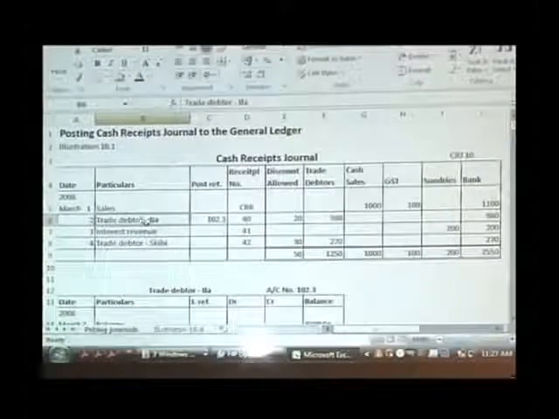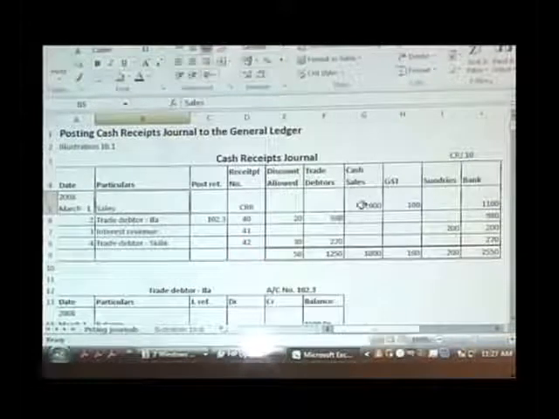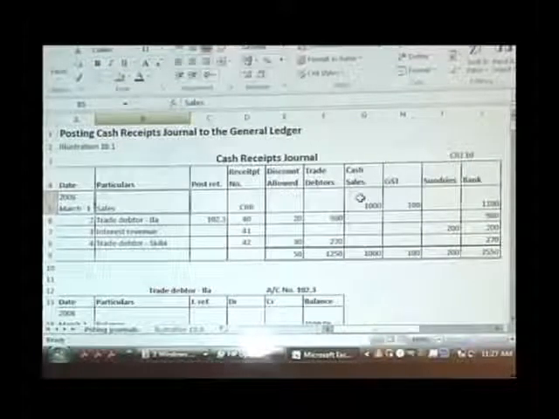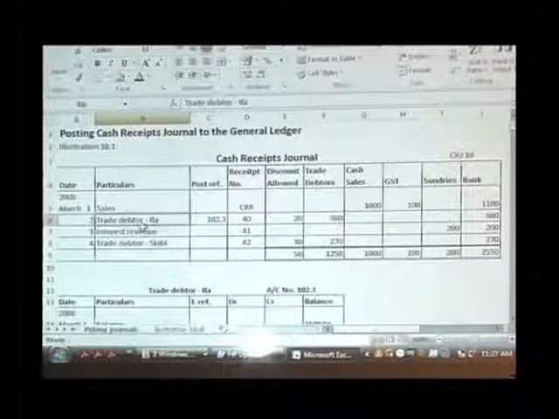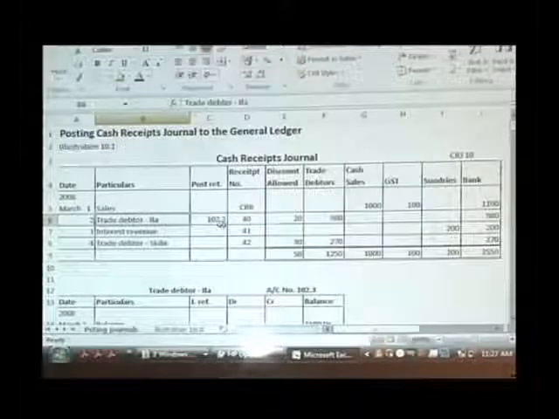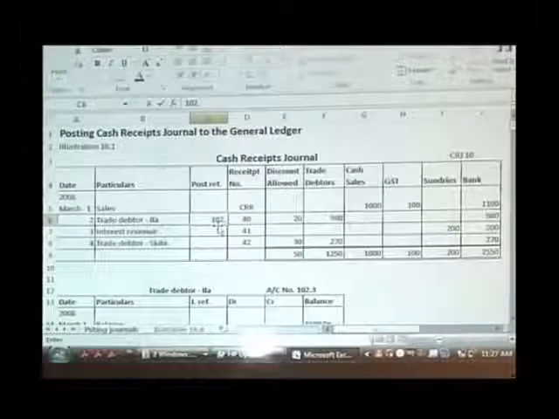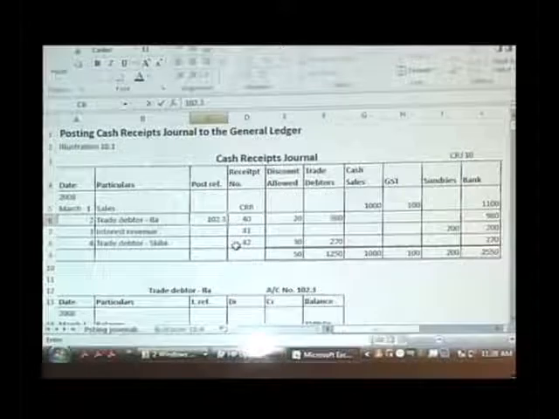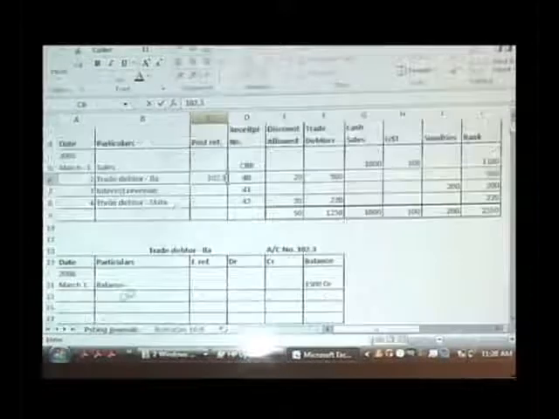Here, cash sales is posted as a total, so therefore leave it. And second, trade debtor ILA, enter the account number in the post reference column, and then transfer this amount to ILA's account.